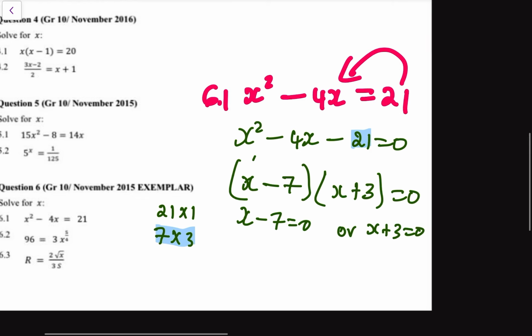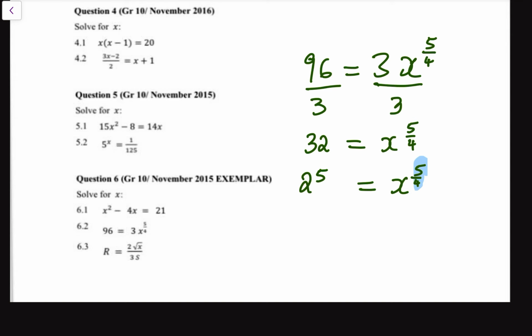Now, we want to get rid of this 5 over 4. If we want to get rid of it, we must multiply each exponent with its reciprocal. Since the exponent of x is 5 over 4, I will multiply by 4 over 5. Note that I'm multiplying the exponent of x with its reciprocal, so it will be 4 over 5.